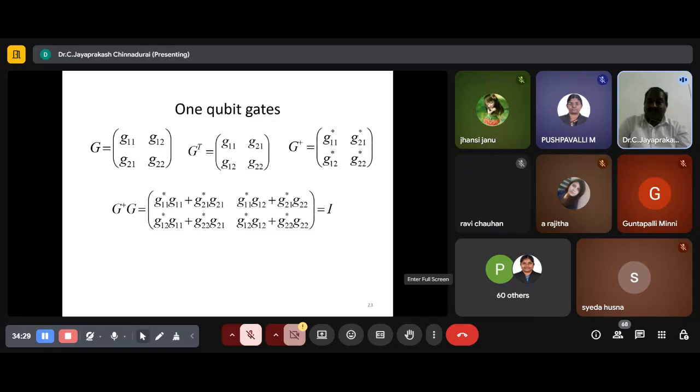We can get G dagger, that is g11 asterisk, g21 asterisk, and g12 and g22 asterisk. If you make the product of these two, G and G dagger, finally we get the output as I, the identity. So this is the way one qubit gates can be represented.